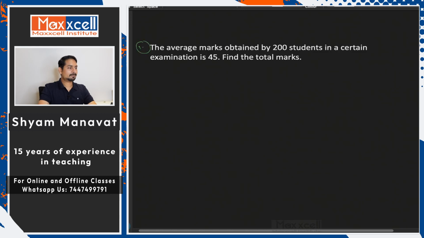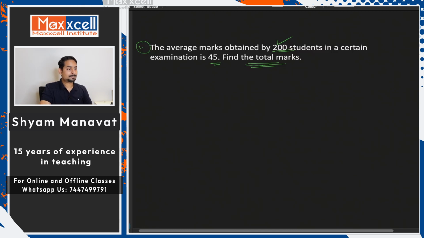Question number 1: the average marks obtained by 200 students in a certain examination is 45. Find the total marks. Average marks of 200 students. So can we apply the formula if we want to find out the total marks, sum of all marks?